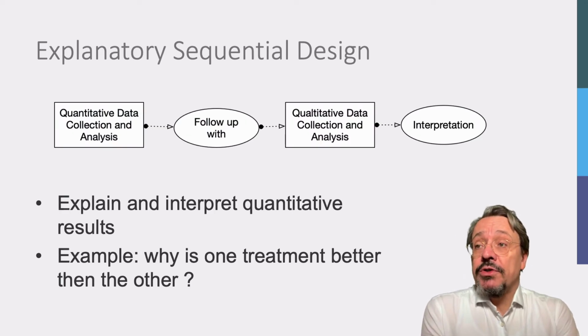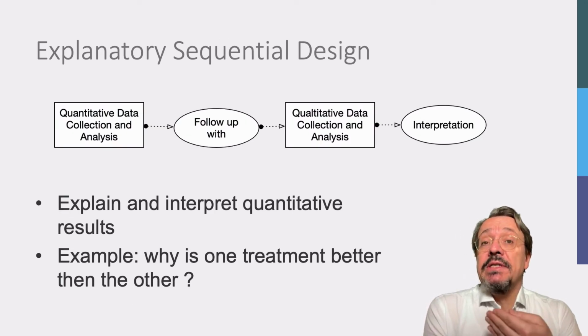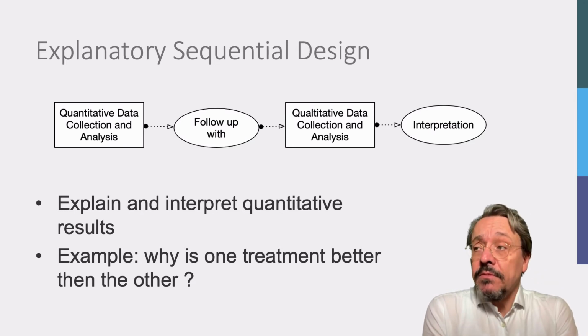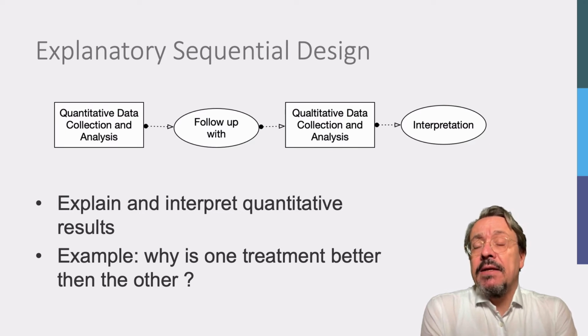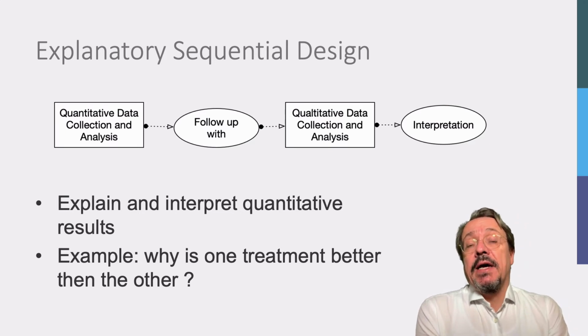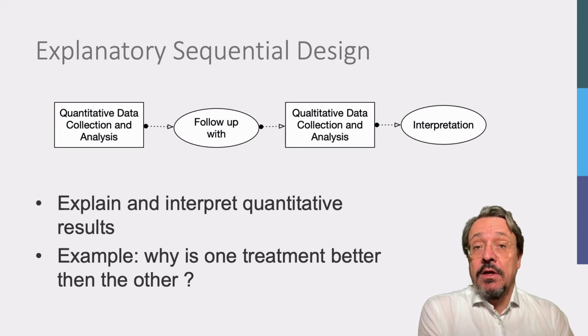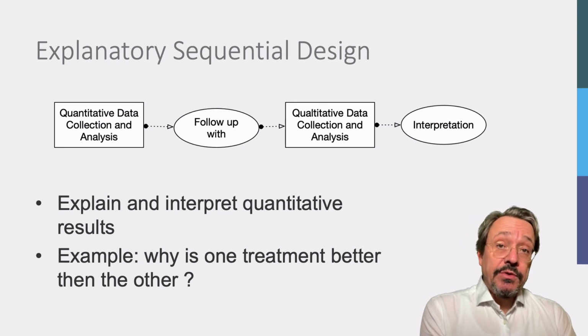Second, of course, you can sequence these by first collecting quantitative data, analyze the data, and then use additional qualitative data collection for the interpretation of your quantitative findings, or even interpret that data with your focus groups, for example.